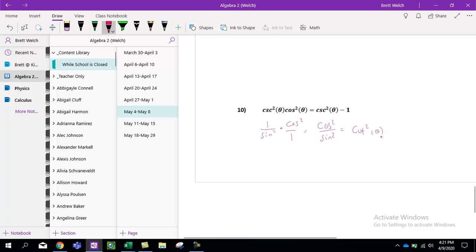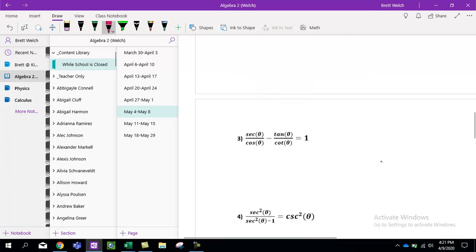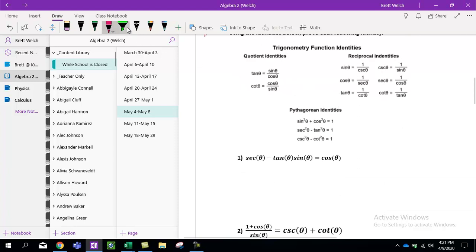Now we're sitting here thinking, okay, I got it down to a single trig function. How do I get it from cotangent squared to be cosecant squared minus 1? The answer is we've already done it. We just have to go back to our trig identities here for our Pythagoreans. If we look at the Pythagorean identity that uses cotangent and cosecant, if we were to get cotangent alone, we would have to do it by adding cotangent squared, which would produce that cosecant squared equals 1 plus cotangent squared.